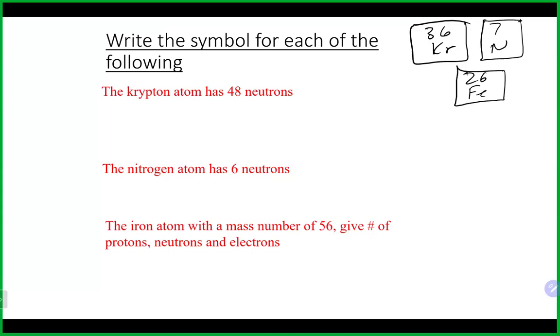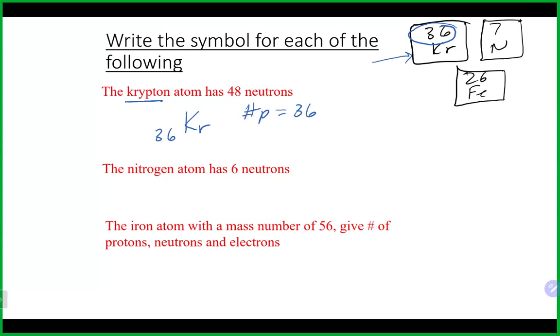Okay, let's take a look. So again, krypton here, we definitely want to go to the periodic table to help us out. We got our symbol. And also from the periodic table, we could get our atomic number, which should go, again, bottom left of our symbol. In addition, that's also going to provide us a useful piece of information because that should tell us our number of protons is 36.